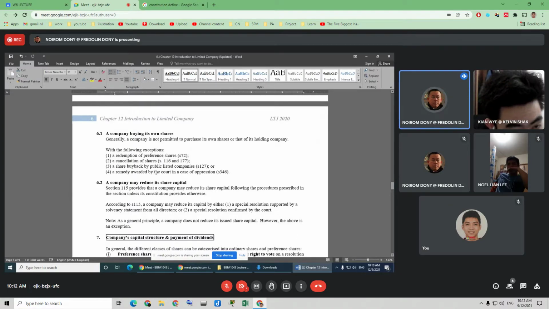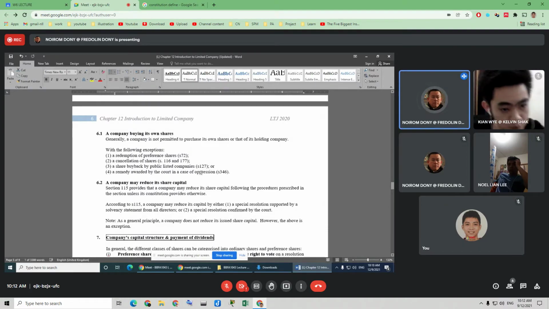And then the other one is if this issue has been brought up into the court, and the court has decided a remedy, meaning a resolution, awarded by the court because of oppression, meaning the majority shareholders are taking advantage in all the decisions, or either voting right.